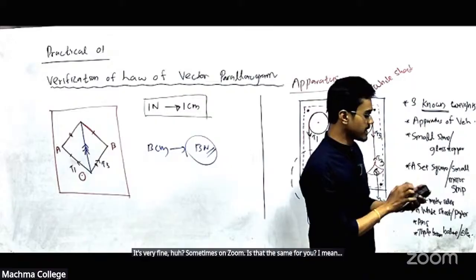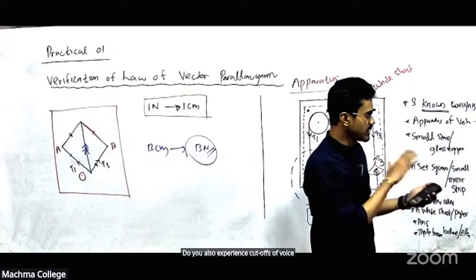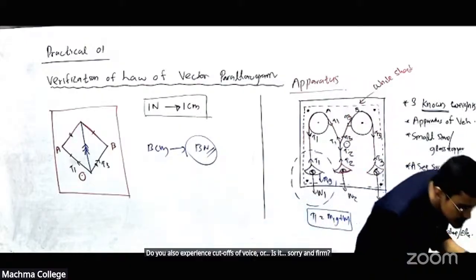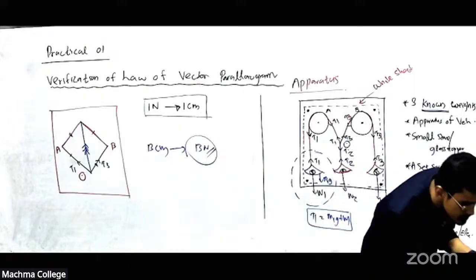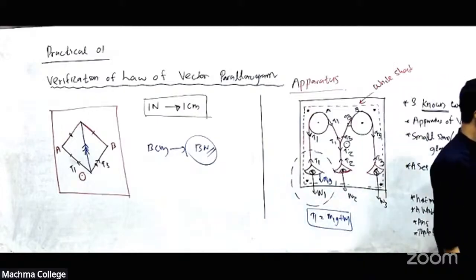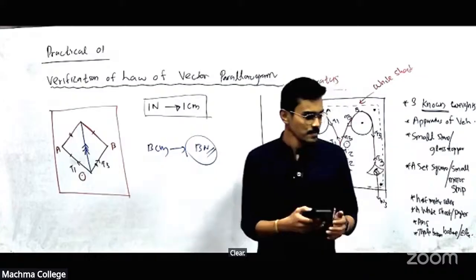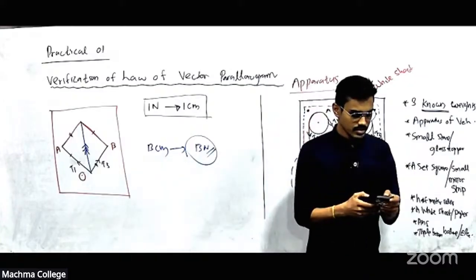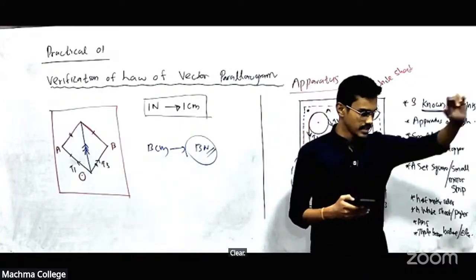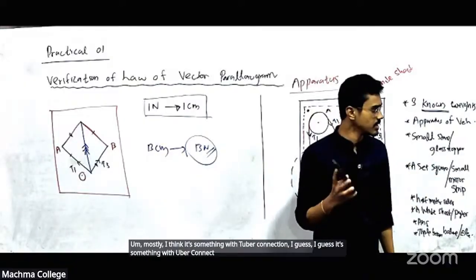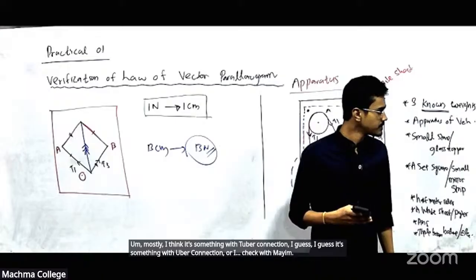Do you also experience cutoffs of voice, or is it solid and firm? Clear? Mostly I think it's something with your connection. Now I check with mine. It's working fine. All good. Okay.